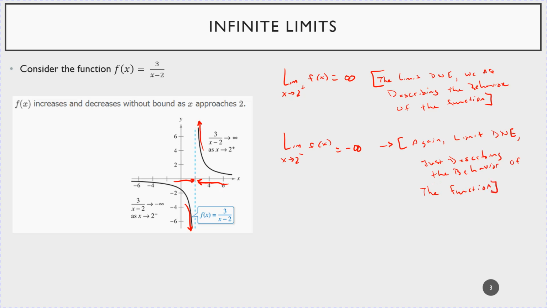When you butt up against a vertical asymptote like this, we want to describe the behavior of the graph by looking at the one-sided limits. Are we going up to infinity? Are we shooting down to negative infinity? But again, when we say something equals infinity or negative infinity, the limit does not exist. We're just describing the behavior.